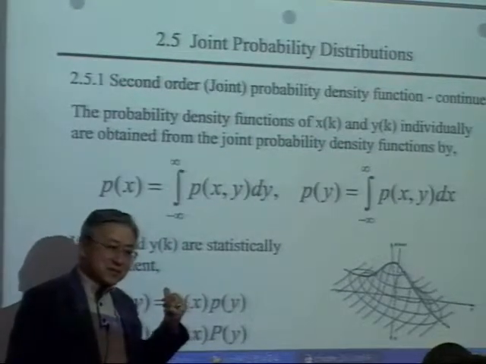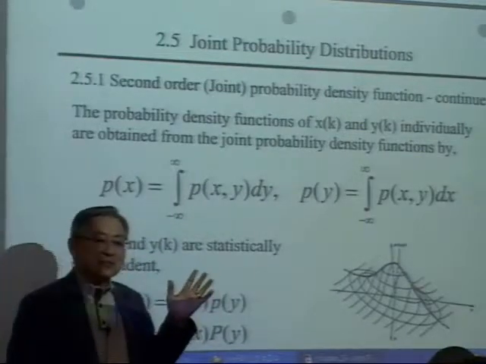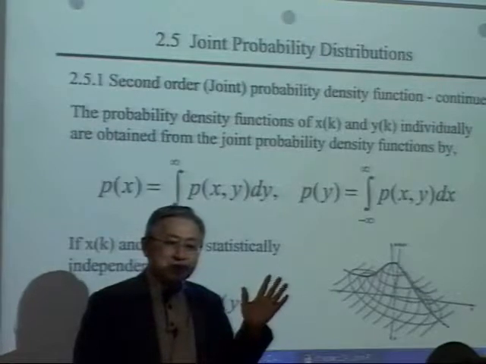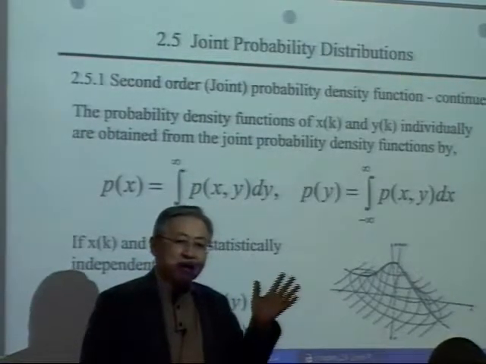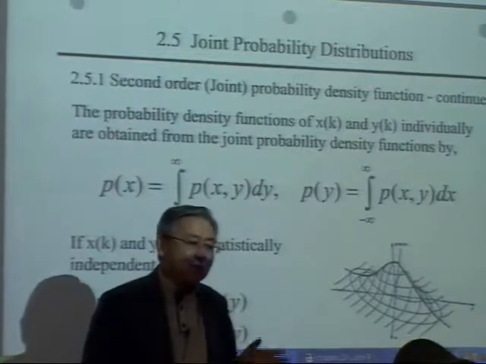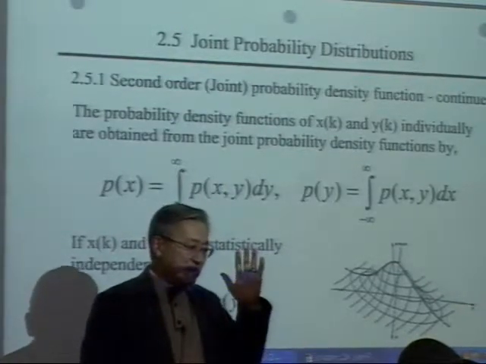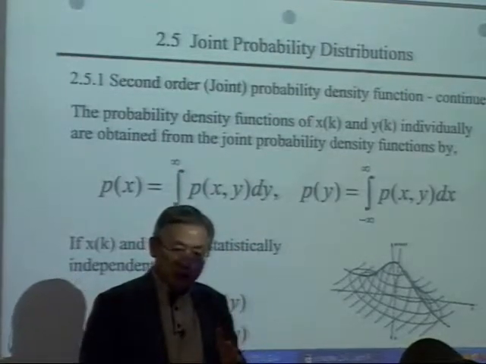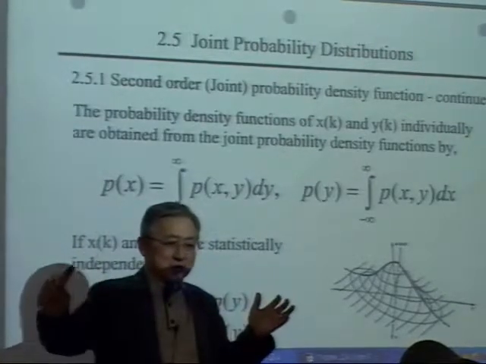So in this case, statistically independent means the joint probability function pxy can be expressed as a multiplication of px and py, because there is no correlation term.